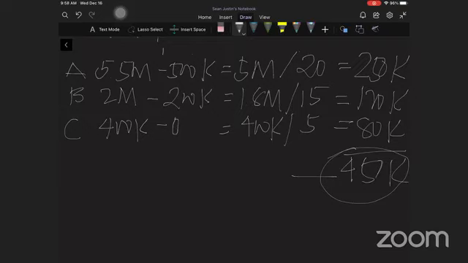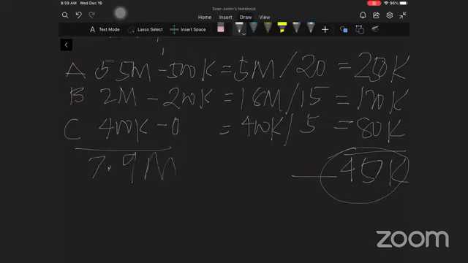Total annual depreciation divide by the total cost. Cost ang ipangayo, so the cost is 5M plus 2M plus 400,000, so the cost is 7.9M.